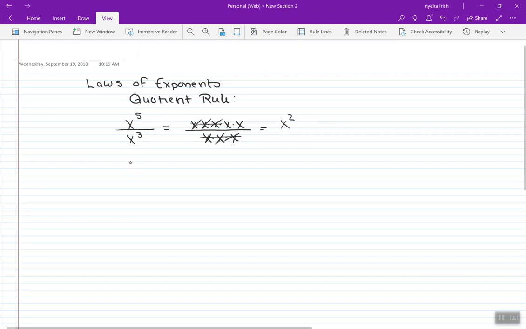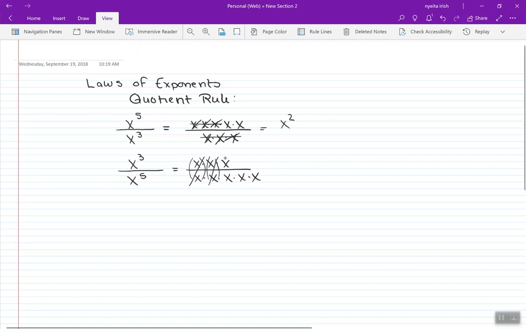But let's go even further with that. If I have x to the 3 on top and x to the 5 on the bottom, and again, you're going to get to the point where you're not going to write all of this out, but this means I have 3 of those x's on top. I have 5 of those x's on the bottom being multiplied together. And again, if I think about x divided by x, that's going to cancel out to 1.